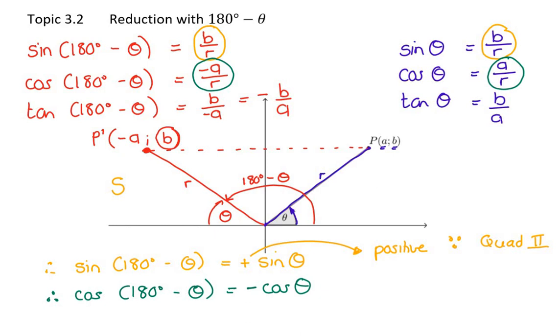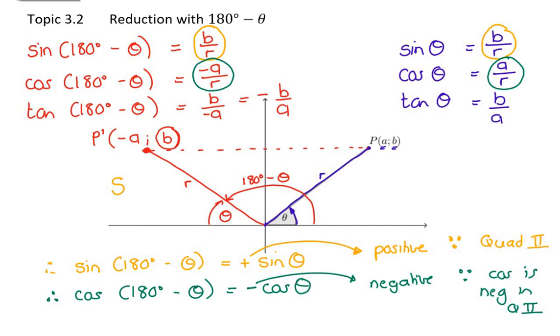So this is now negative, for exactly the same reason: cos is negative in quadrant 2. The reason sine was positive is that we were working in quadrant 2, and the reason cos is negative is because we're working in quadrant 2. So only sine's ratios are positive in quadrant 2.